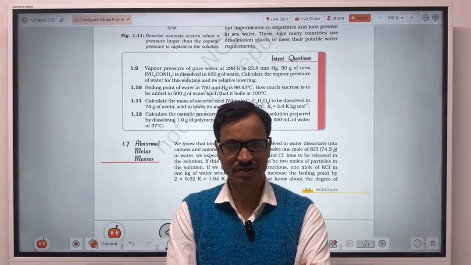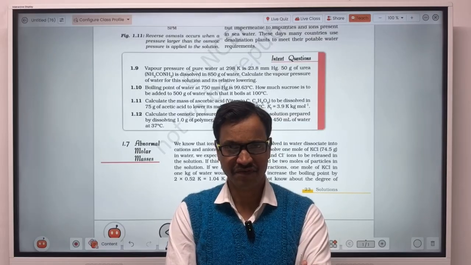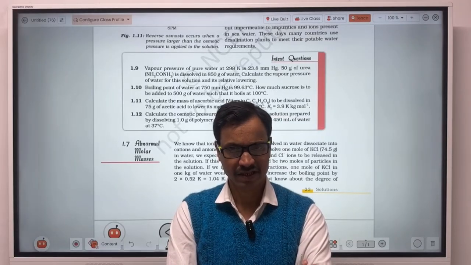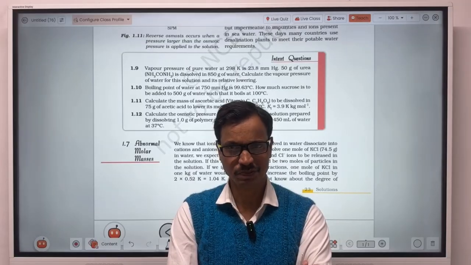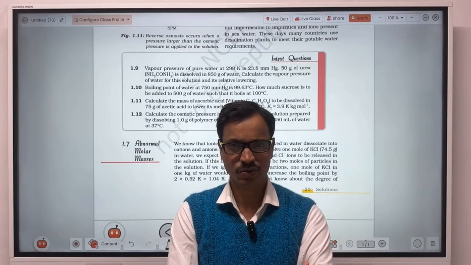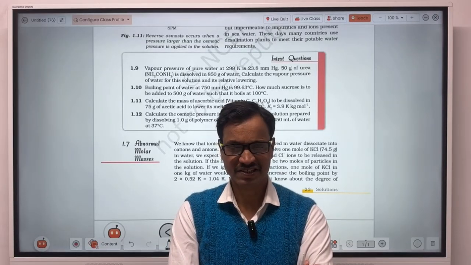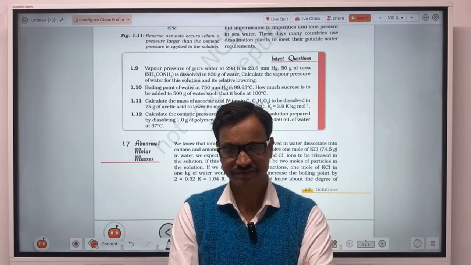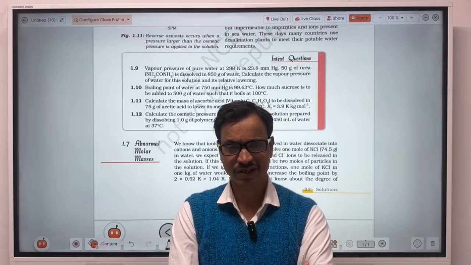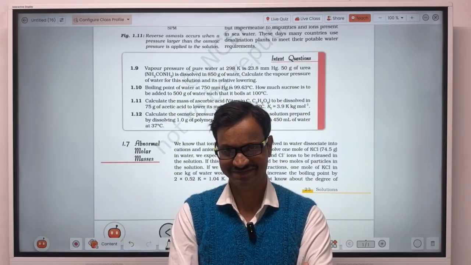Those properties of the solution which only depend on the relative number of moles of solute particles and do not depend on the nature of solute or solvent particles are called colligative properties.